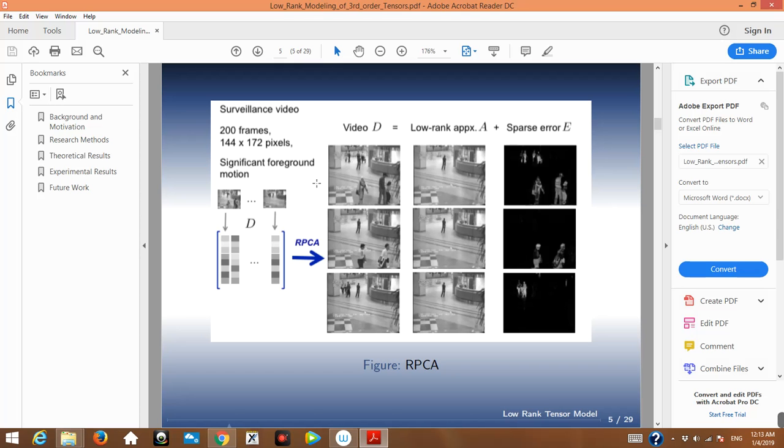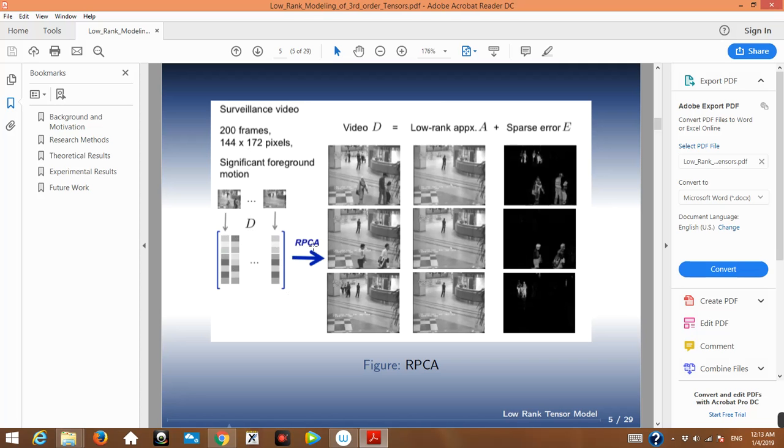The main method is that we represent those video images as a matrix. Here we have 200 frames, and each frame we can stretch to be a column in a matrix D. So now we have a big matrix D with 200 columns.